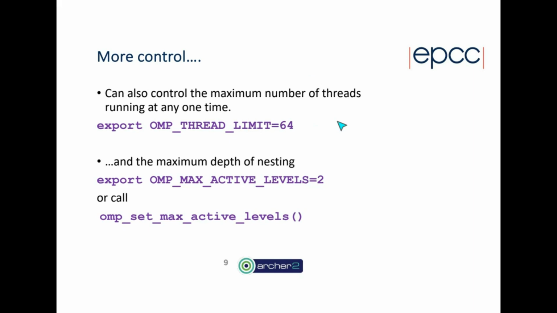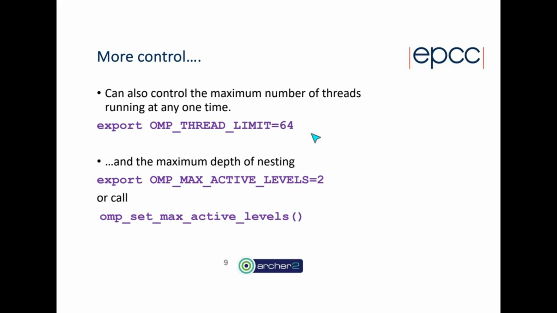With nested parallelism, it's easy to end up generating an awful lot of threads, and in general, we don't want to create more threads than we have hardware resources, whether that be physical cores or virtual cores or hyperthreads. Generally speaking, we don't want to oversubscribe. So there's a way of limiting this: OMP thread limit is just a way of limiting the total number of threads executing at any one time.